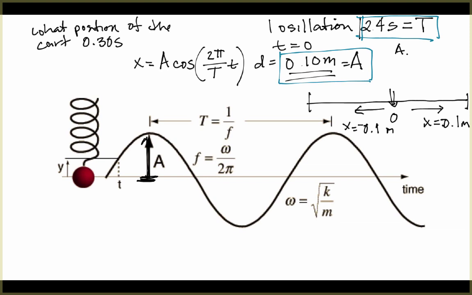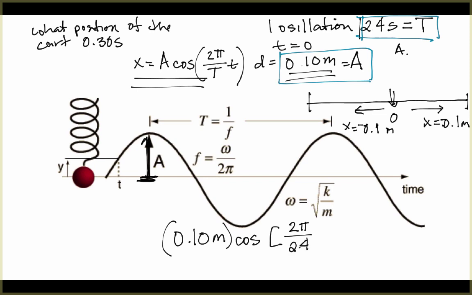Then we can find the position of the cart by evaluating this equation. So we have 0.10 meter, which is our amplitude, times cosine of 2 pi, and the big T is 2.4 seconds.